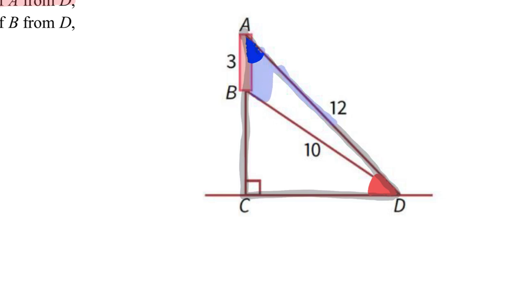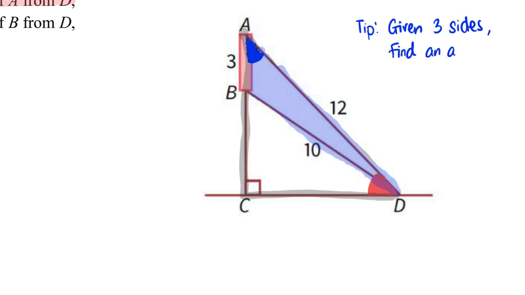they give me 12, 10 and 3 of this blue color triangle. Since they give me 3 sides, this is a special tip: each time when we are given 3 sides of any triangle, and we need to find an angle, please apply cosine rule.